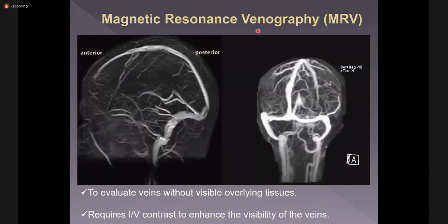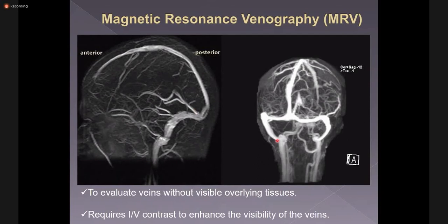And now the MRV sequence to evaluate the veins without visible overlying structures. We cannot see any structure overlying it; we only see the veins or dural sinuses. It requires the IV contrast to enhance the visibility of the veins. In MRA, we don't give any contrast, but in MRV, we give the IV contrast.